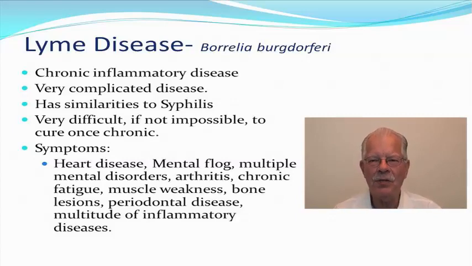If you don't catch Lyme disease with antibiotics immediately, then it goes, just like syphilis, into a latent stage. Once it gets into a latent stage, it's called chronic Lyme disease.